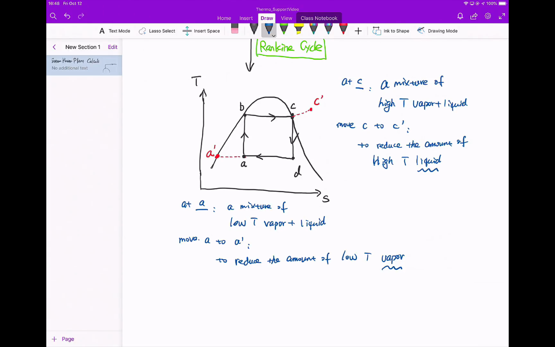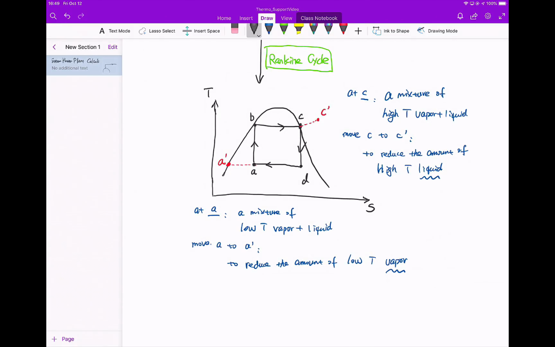So this is the key concept of Rankine cycle.